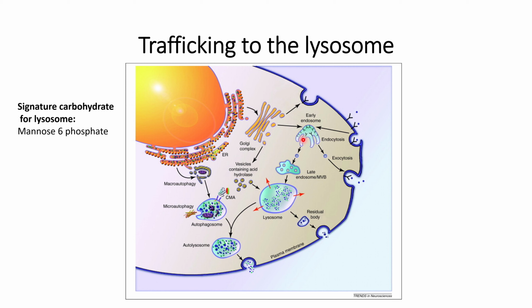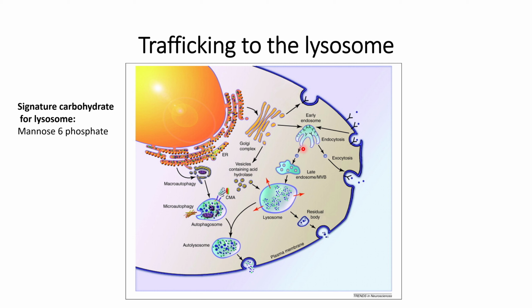And if the proteins that have mannose 6 phosphate escape this pathway shown here, they will move to the extracellular matrix, and in that case the mannose 6 phosphate receptors present on the cell surface membrane help to capture those proteins and direct them towards the early endosome via the endocytosis pathway.